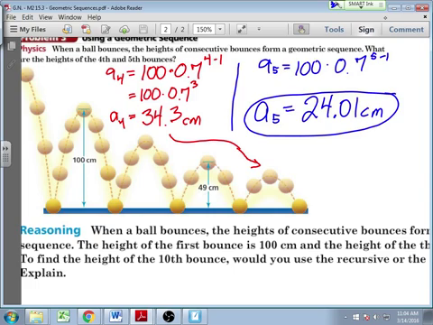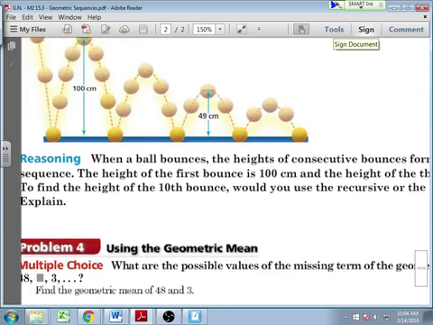Would there ever be a situation where your bounce could be higher than the initial? Greg? If you like threw it. Okay, if you threw it, if you had more initial velocity, so if it wasn't just dropped. Beth? If it left some of it behind when it hit the ground. Ooh, that's an interesting case.